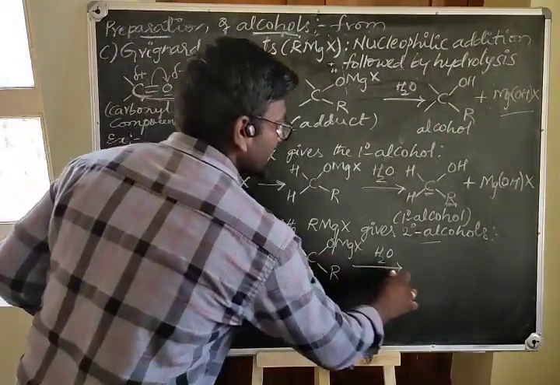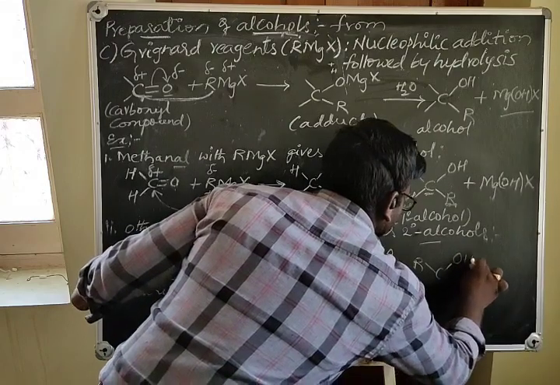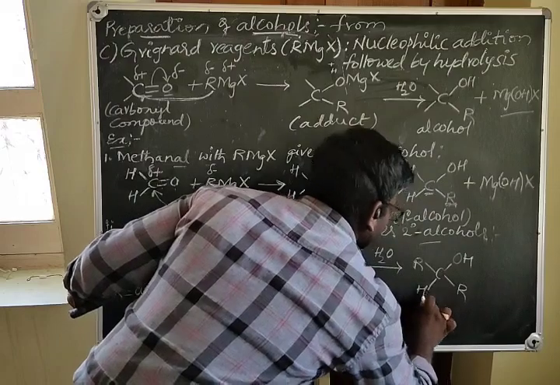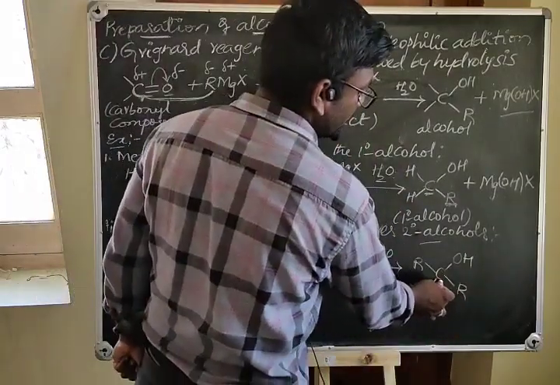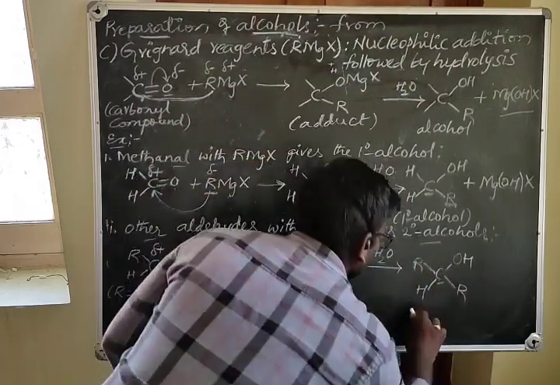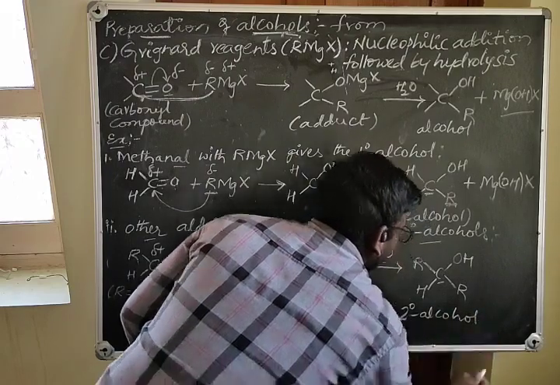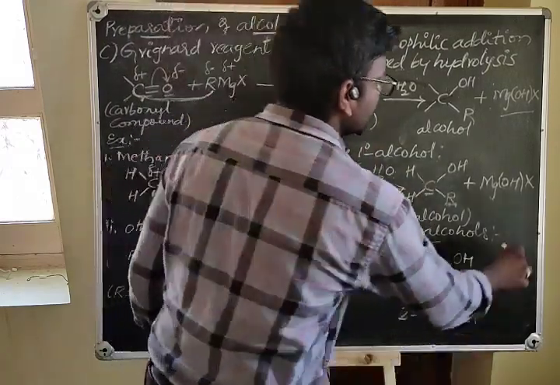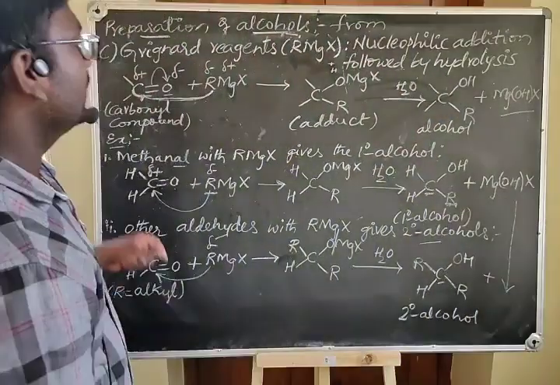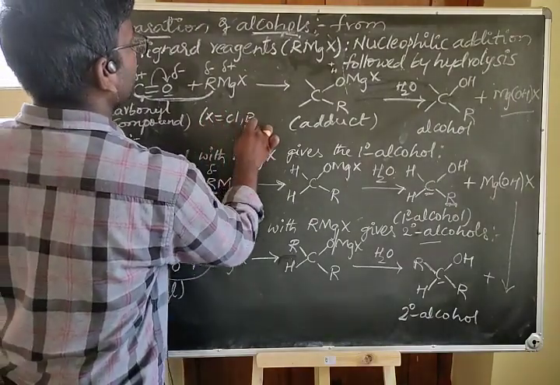This will take the H plus ion and it becomes R–CH(OH)–R. See here, the functional group containing carbon is linked to two other carbons, so it is called a secondary alcohol. And the byproduct will be the same, that is Mg(OH)X.